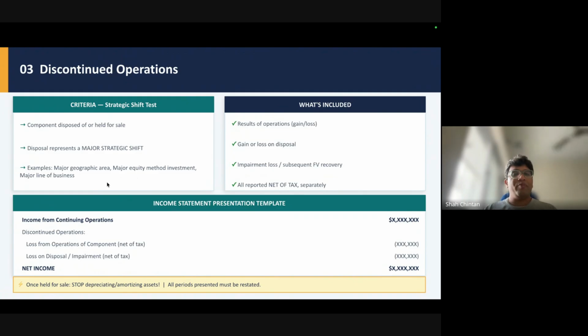Suppose segment reporting says that Wipro is earning 10% revenue in India, 50% in US, 30% in UK, and the remaining in APAC and Southeast Asia. If we have this segment reporting available and that region is getting shut down, it's a strategic shift, a geographical area which is getting shut down.